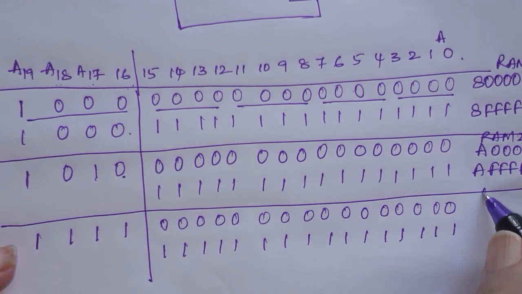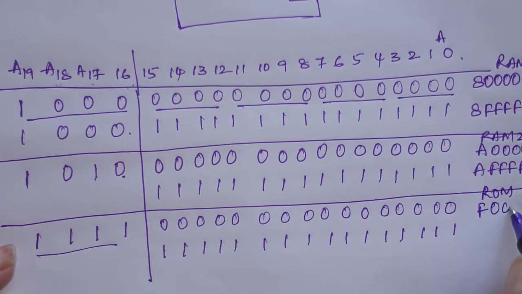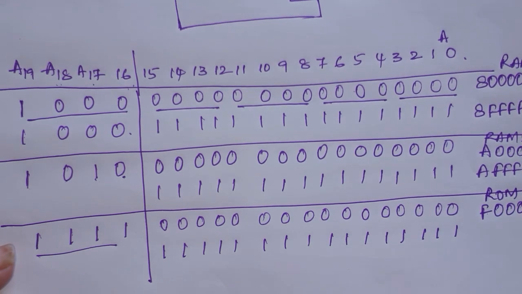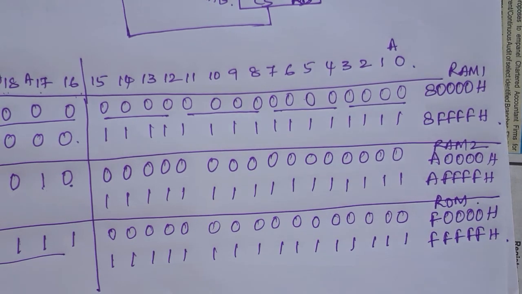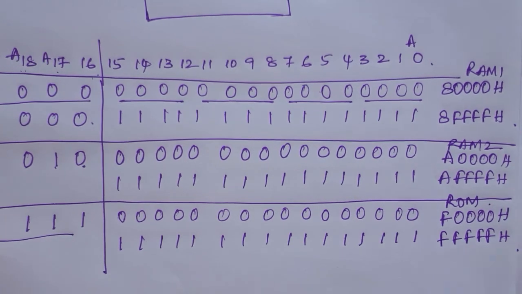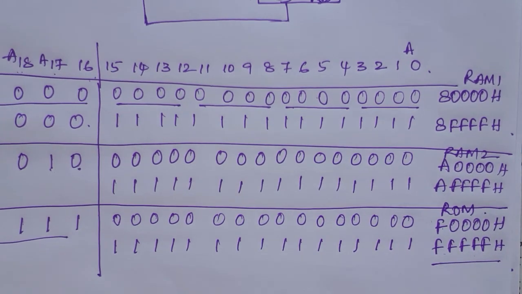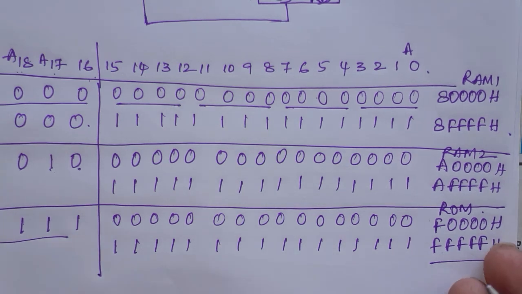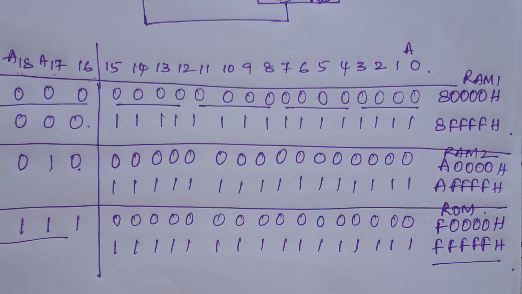So the address range for ROM is F0000H, and the end address is FFFFFH. We wanted the end addresses from FFFF0 in the ROM, where the system programs are stored, so that when the processor is reset, the location it accesses will be in ROM. So this is the address range mapping for ROM.